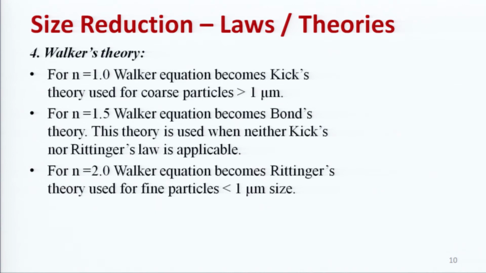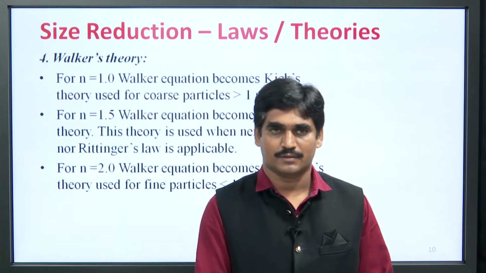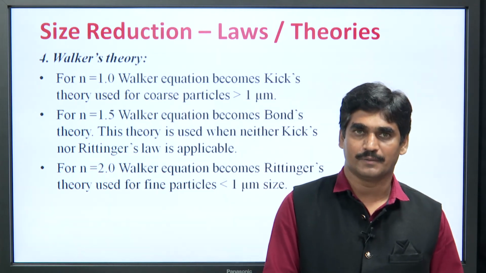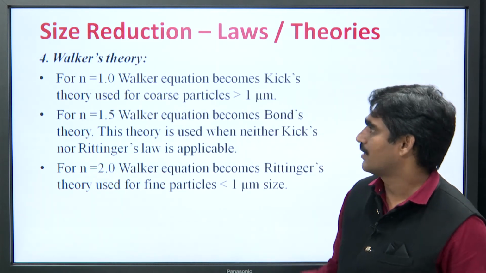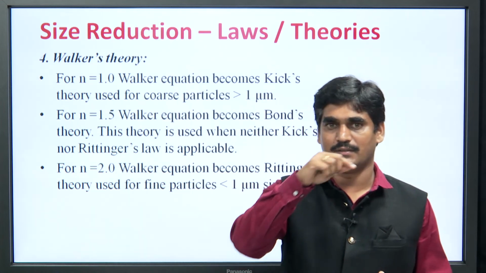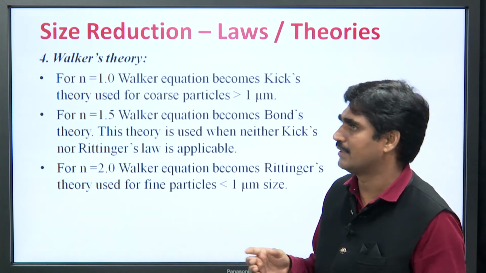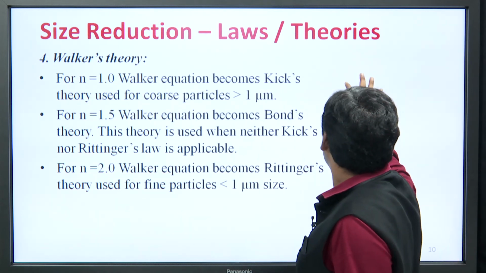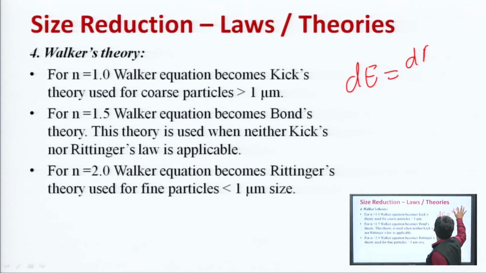As we are moving to the next section of Walker's theory, Walker has proposed some values. As in the previous case we have seen the equation, dE is equal to dd by d to the power n.